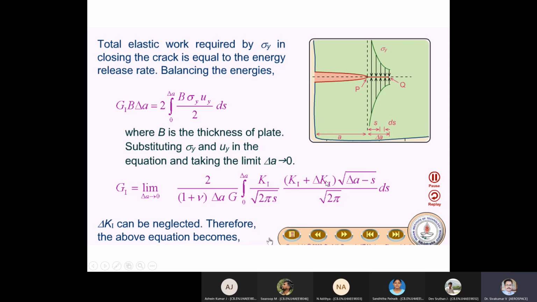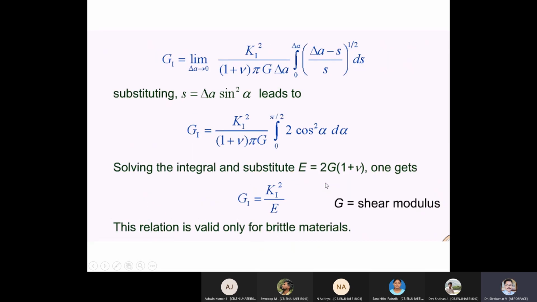In this particular equation, you can neglect delta K, since you have considered delta A is small; you can easily knock out this term. So you will get G1, that is the energy release rate, as K1 square by (1 plus mu) into pi into G into delta A, into the integral of the log quantity.